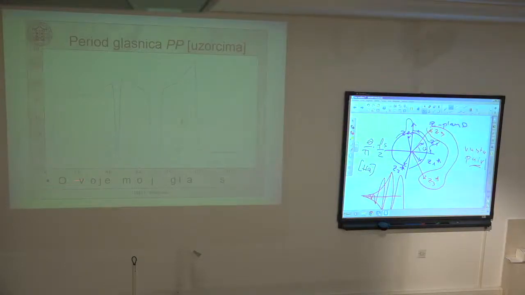For all other sounds, I have some periodicity, and the period is shown here in samples. And this curve shows this natural intonation along the pronunciation, something like that. Okay?